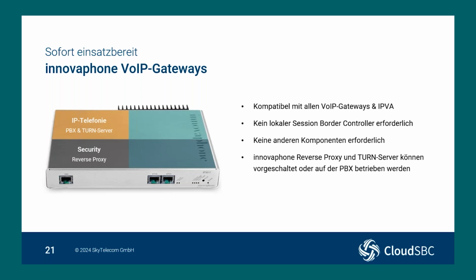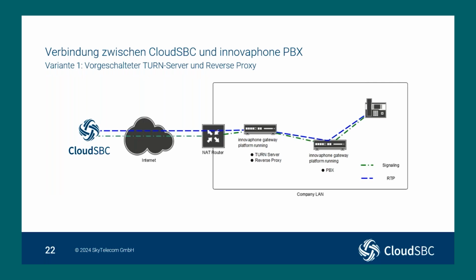It can be run on the Innovaphone gateway, which is used as a PBX, but you could also put it on a different device, which gives us 3 main scenarios, which you also find in the Innovaphone wiki because it's just a reverse proxy setup. I won't give you too many technical information for the time, but the most important thing is if the customer says, I want to have a separate device for this.